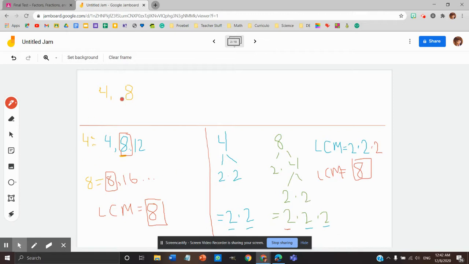But if you have two numbers that are simple, where it's easy to know all the multiples, then all you have to do is the multiplication table of each of those numbers and find the smallest number that they have in common. In this case, it is the number 8.